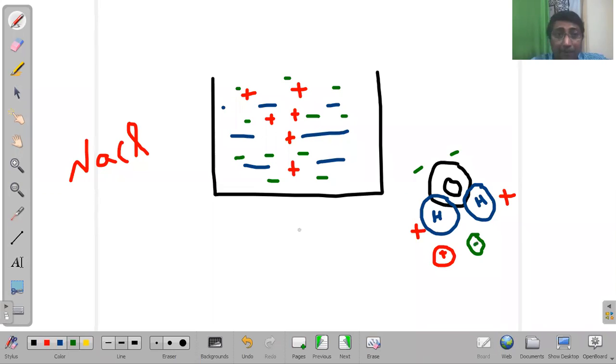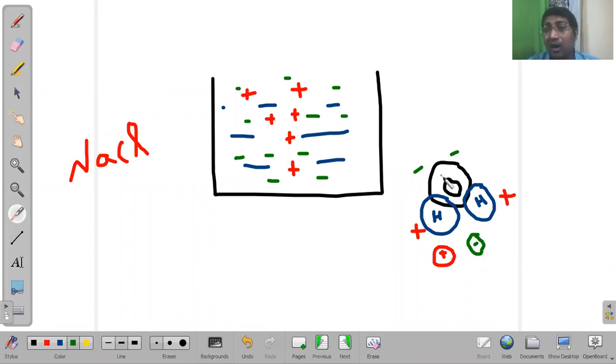So what's happening here is that sodium and chlorine definitely want to come together. But this oxygen starts to pull the sodium, or oxygen from a different water molecule will pull this positive ion, and these positively charged hydrogens will pull the negatively charged chlorine.